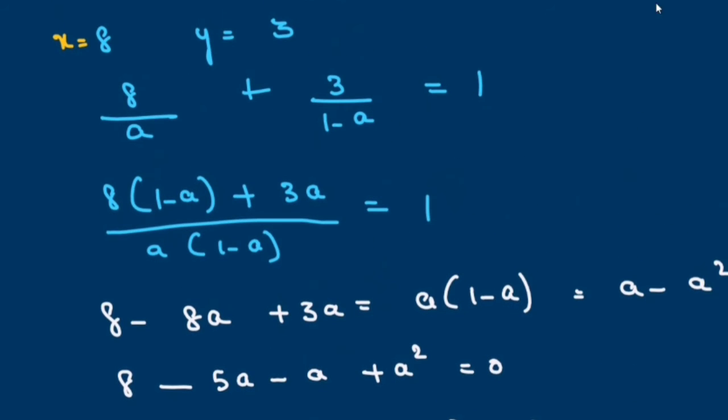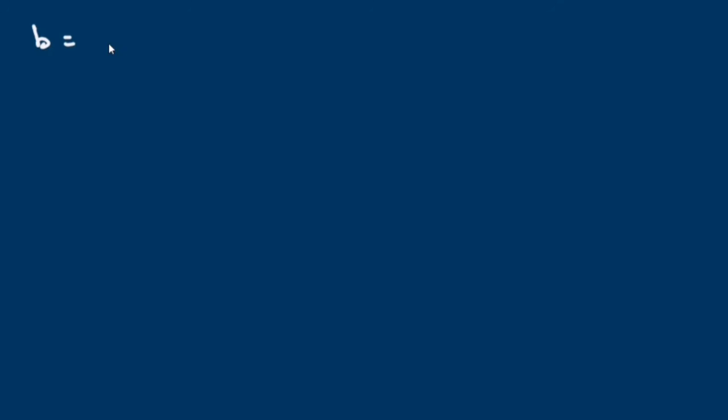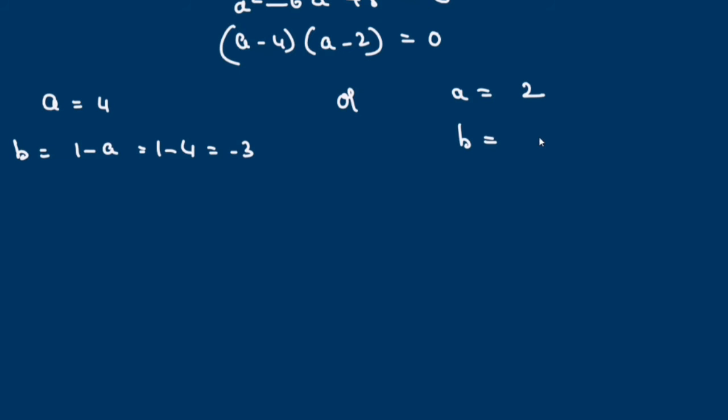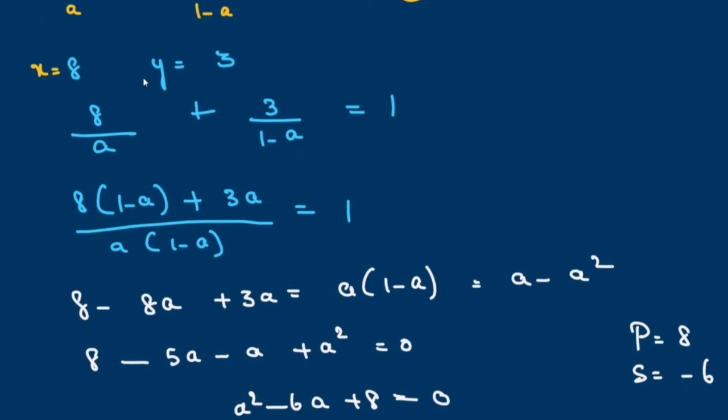We have taken B as 1 minus A. So 1 minus 4, that is minus 3. Here when A is 2, B is 1 minus 2, that is minus 1. So A is 4 here, B is minus 3. Substitute here.